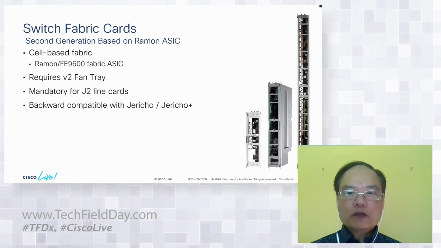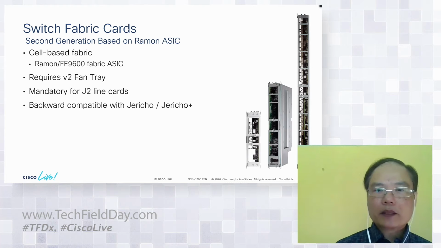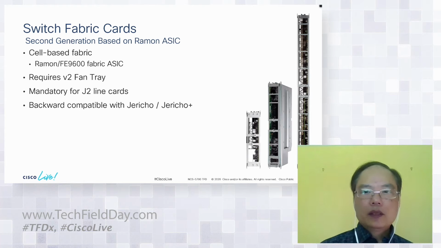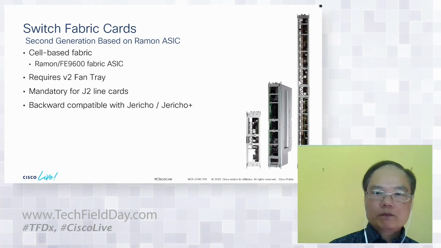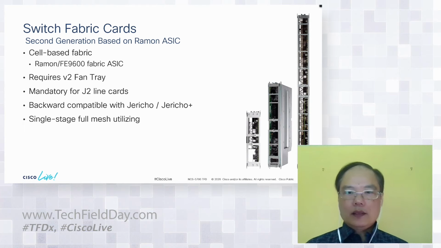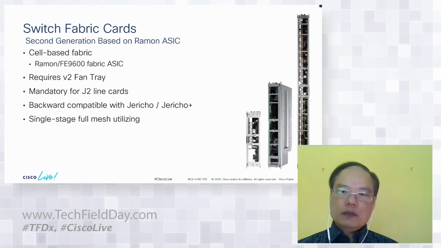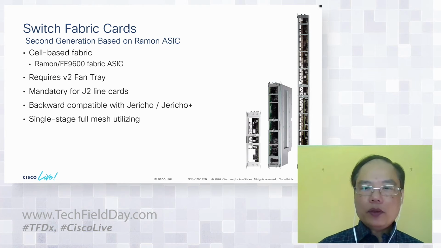The most important feature is backward compatibility with Jericho and Jericho Plus line cards. So we could mix all generations of line cards and operate on the same chassis. It is a single stage fabric and basically provides full mesh connectivity to all NPUs on all line cards on the chassis.